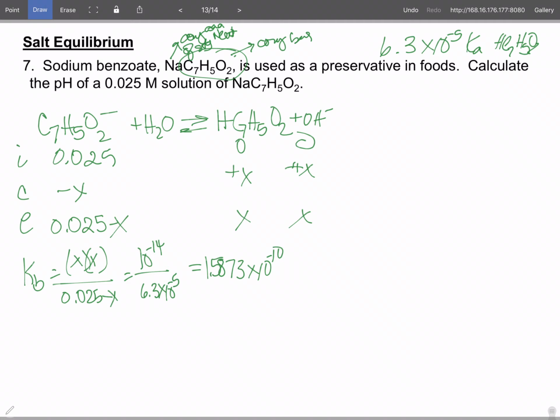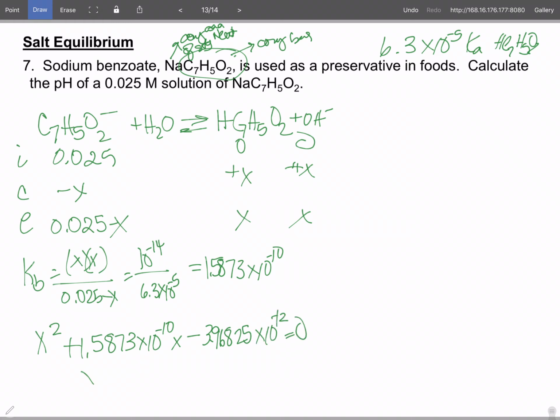So when we set this math up, we're going to end up with an equation of X squared plus 1.5873 times 10 to the minus 10th X minus 3.96825 times 10 to the minus 12th is equal to 0.